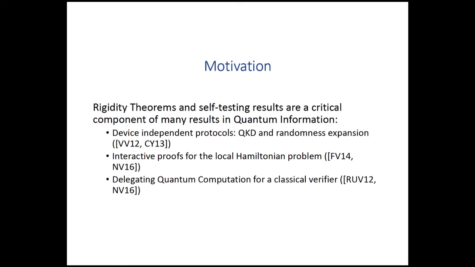And they're also used in delegation of quantum computation with a classical verifier. So anytime you have a classical verifier and you need to verify behavior of quantum devices, you're usually going to start out by using a rigidity result. That means that the scaling of parameters in your rigidity result is a limiting factor for the efficiency of the rest of your result. So that's some motivation for why you would want to improve rigidity results.